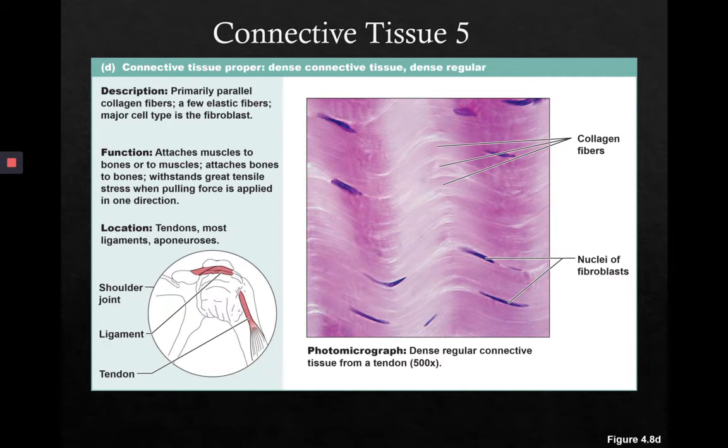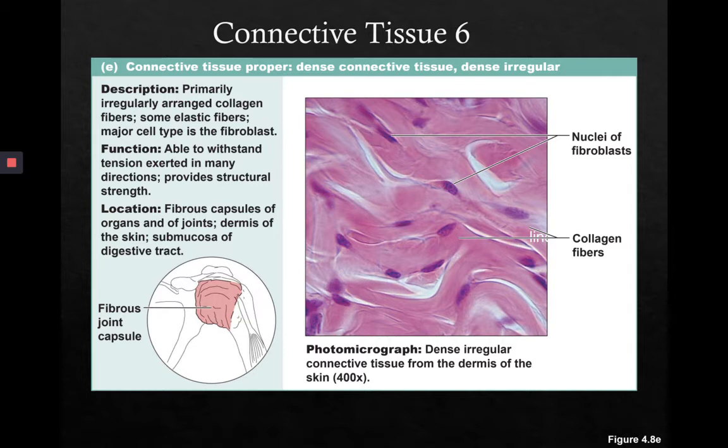Aponeuroses are basically flat tendons, and because tendons and ligaments are the locations of dense regular connective tissue, we would find that this type of tissue attaches muscles to bones or muscles to muscles, or even attaches bones to bones, and it can withstand a great tensile or pulling force only if that pulling force is from one direction. If it comes from another direction that is perpendicular to its fibers, it can actually cause tearing of the tendons and ligaments.